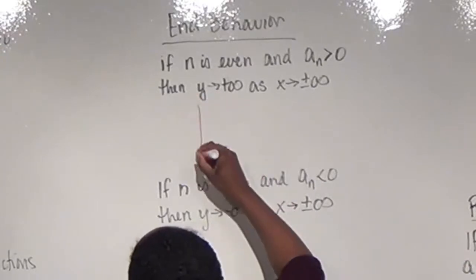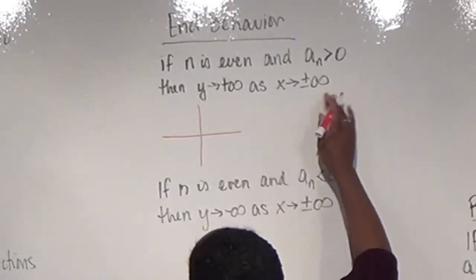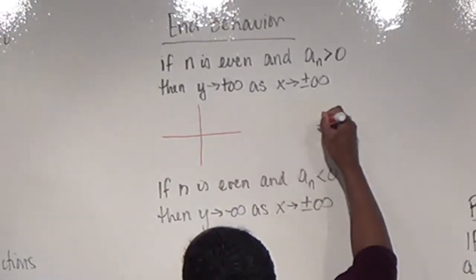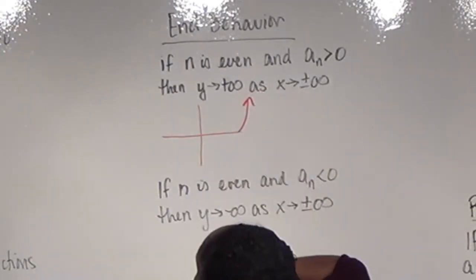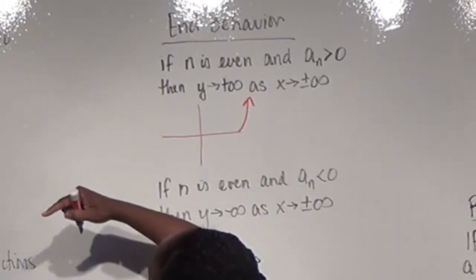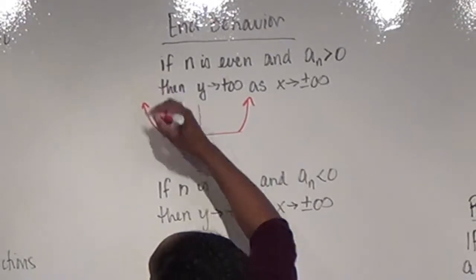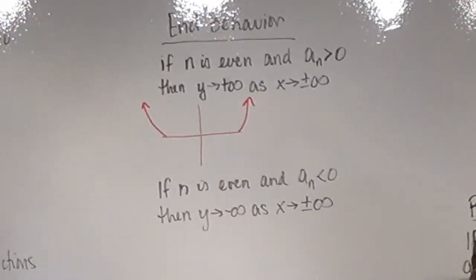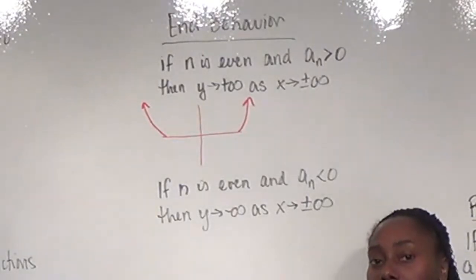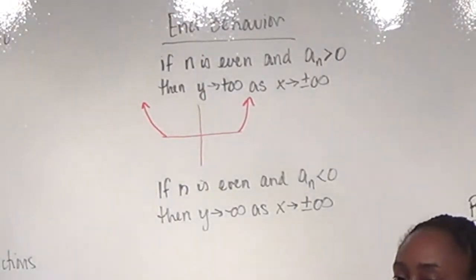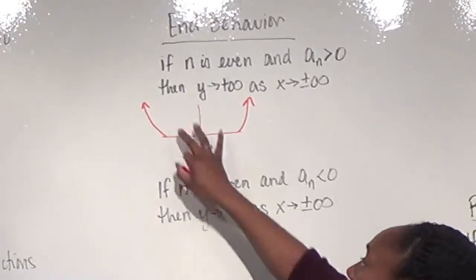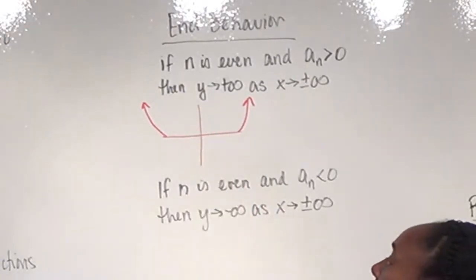Pictorially, all that means is if I'm looking far out on the graph, as x's get bigger, the y values are getting bigger, and as x's go to negative infinity, the y values are going to positive infinity. And notice here I didn't draw anything in the middle, because again, the end behavior is only looking at the ends of the function. So there could be all sorts of things going on in here.